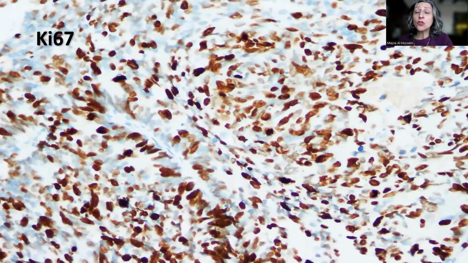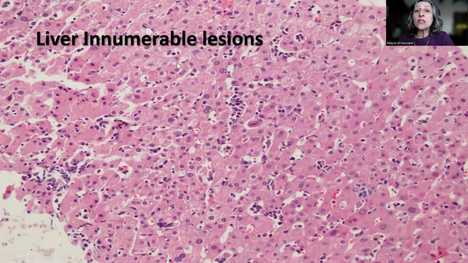and the Ki67 was extremely high. Now, on further investigation, the patient was found to have a left hilar mass as well as innumerable liver lesions, for which he underwent liver biopsy.